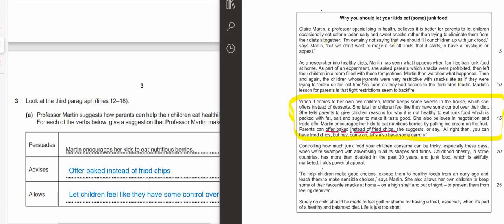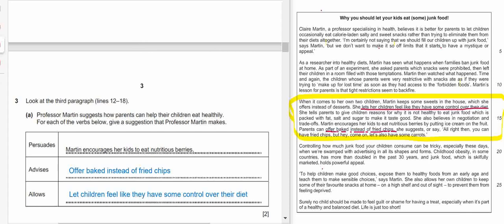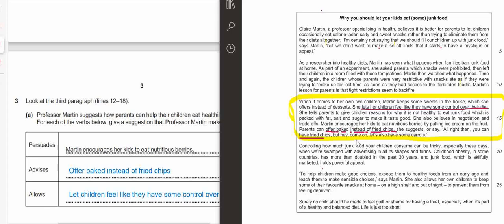They allow, let their children feel like they have some control over their diet. So that's allows. For allows, you may also answer that have fried chips, but with carrots.